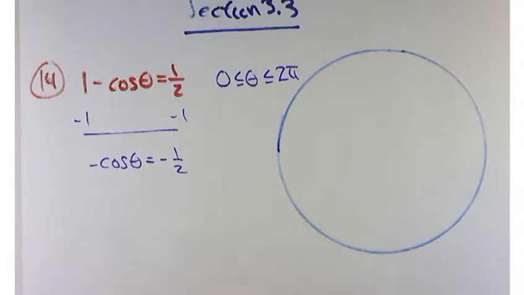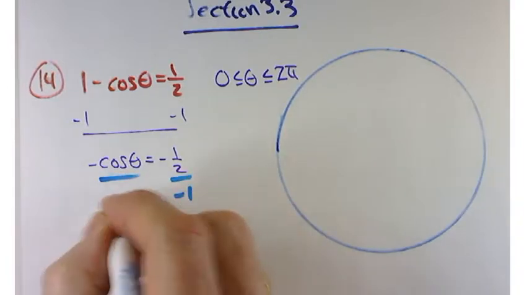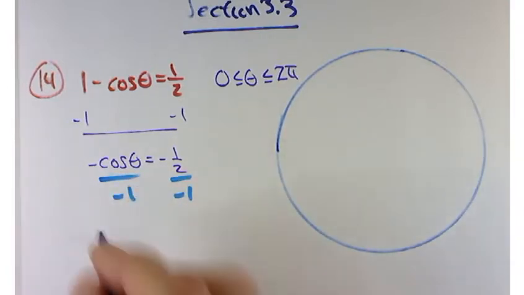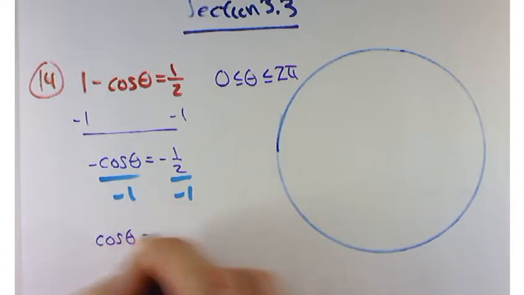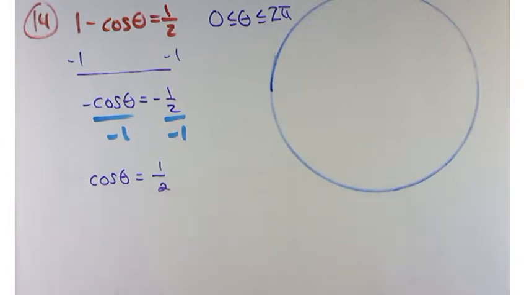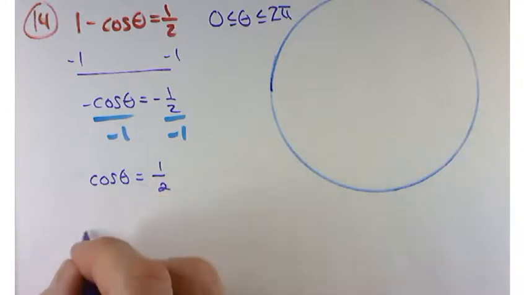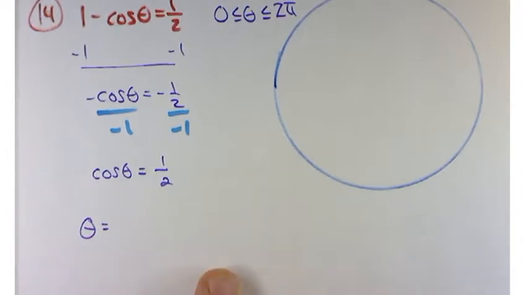Then what? Well, we can divide by -1, get rid of that negative. Cosine of theta equals 1/2. But now I want theta by itself. So if you wanted to finish solving this for theta, you could rewrite this. Can anyone tell me what theta would equal?